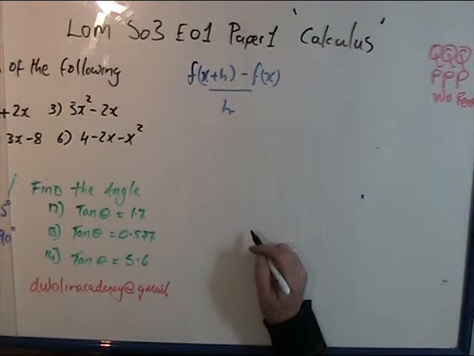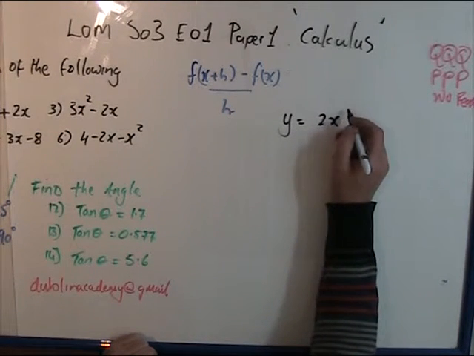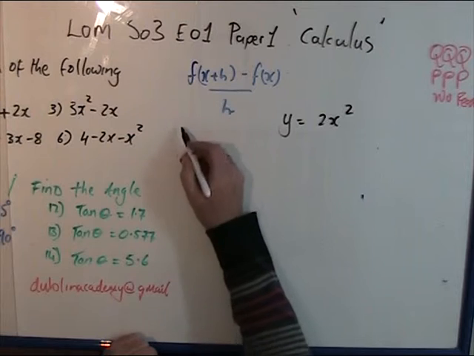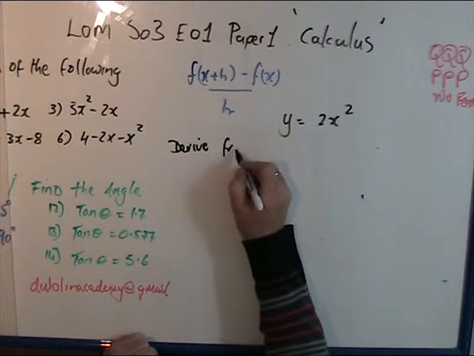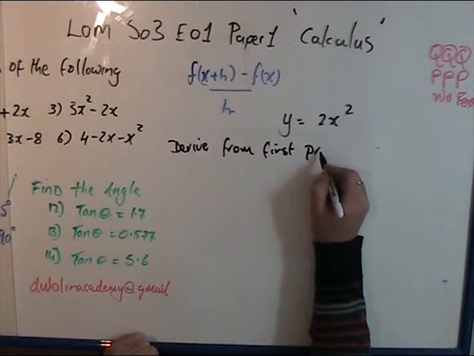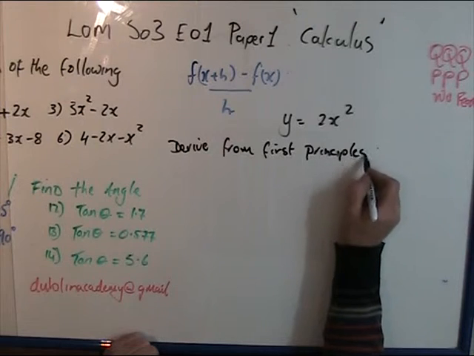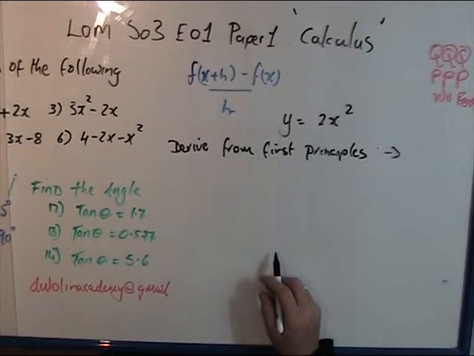So, y is equal to 2x squared, and it says derive from first principles. Once you see the words first principles, you know you have to use the long method. There are two methods here, the long and the short method.